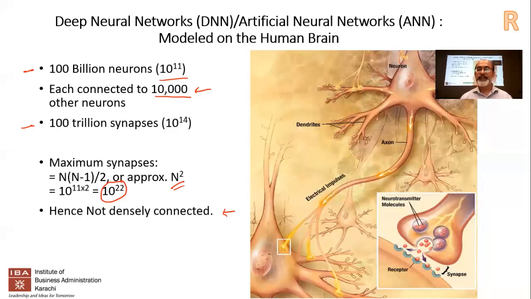A synapse looks something like this. You have this neuron over here, and another neuron. These are connected by what are called axons. Then there's a very complex chemical process going on which decides how these two are connected. If a signal comes down this way, the impact it has on the other neuron is determined by the strength of the synapse.